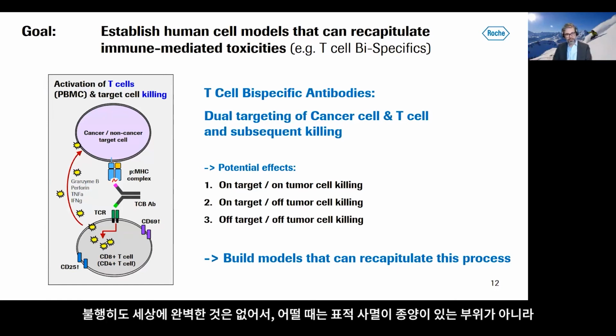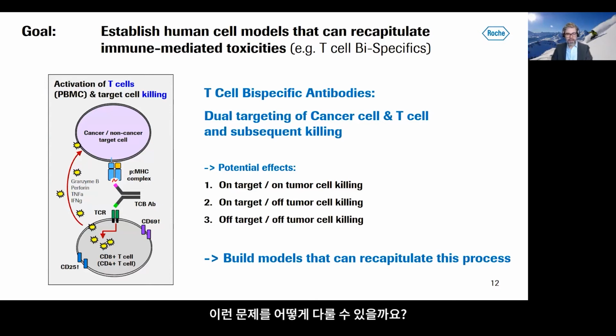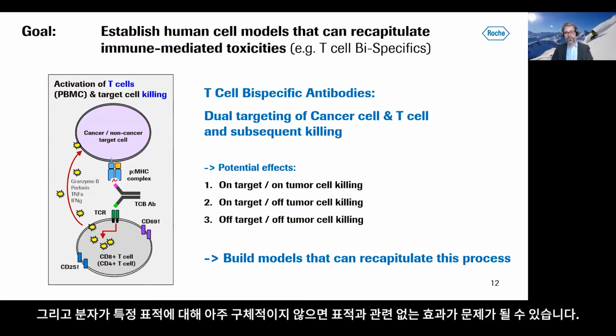Unfortunately, the world is never perfect, so sometimes you also have on-target killing, but not on the site of the tumor, but in a healthy part of the human body where the drug target, unfortunately, is also expressed. How do you address that? And should your molecule not be super specific for that particular target, you may also be facing off-target effects.